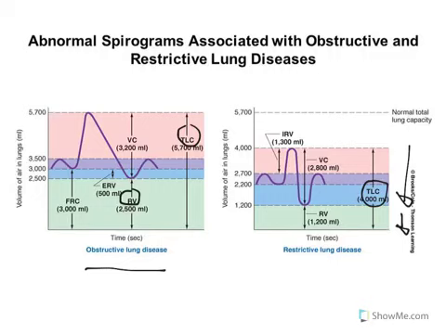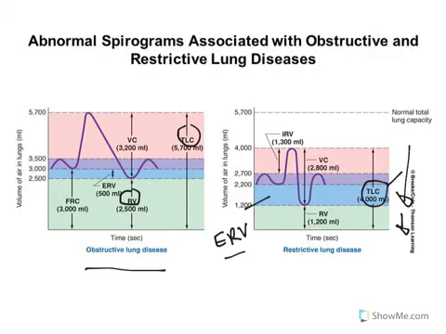But as you can see here, ERV, the blue one, which stands for expiratory reserve volume, will increase in restrictive lung disease.